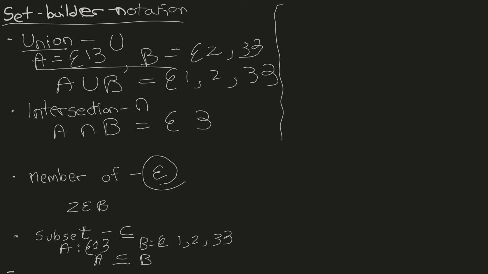So now let's look at the sets from before. The natural numbers are a subset of the integers because the natural numbers 1, 2, 3 are included in the integers, and the integers are a subset of the rational numbers because all the elements in the integers can be written in the form of fractions, and the rational numbers in turn are a subset of the real numbers.